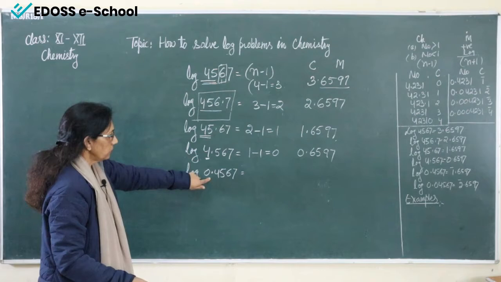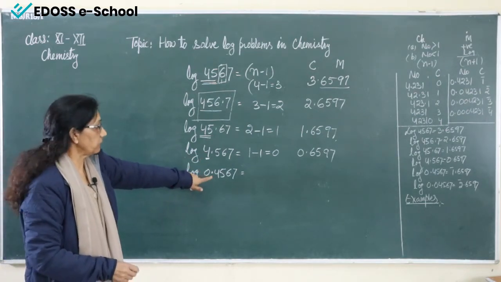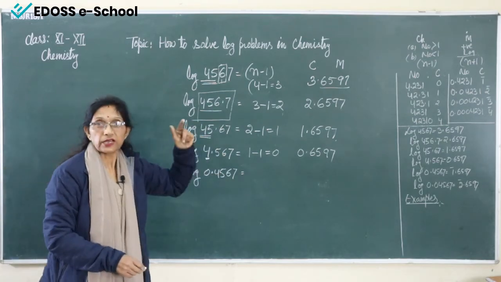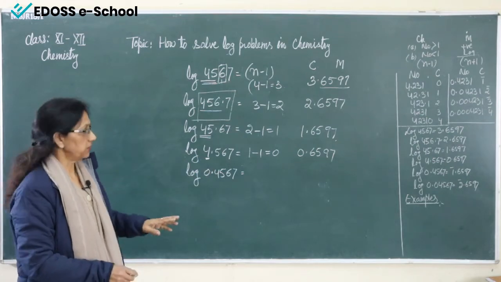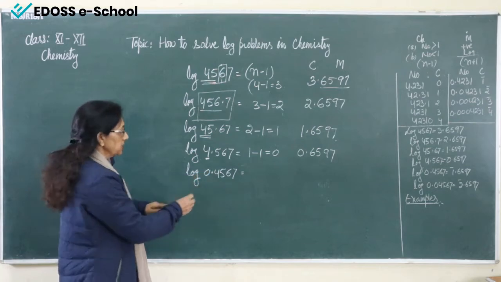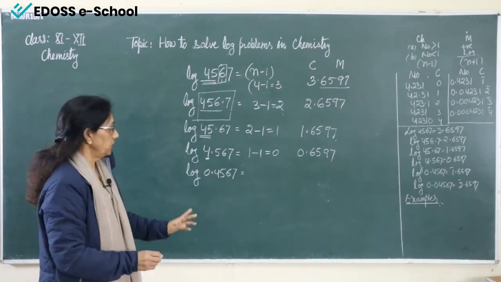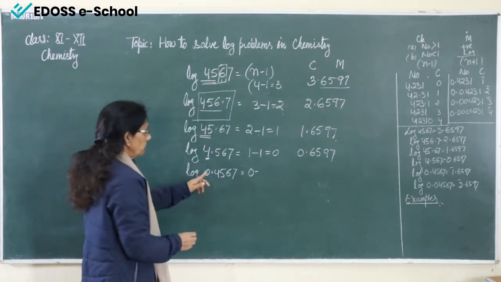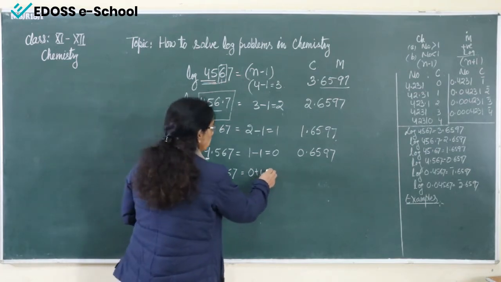Okay. Now this number is less than 1. Now we will implement the second formula. What is the second formula? N plus 1. So here we can see between the decimal and the first significant figure there is no 0. So n is 0 and plus 1, so this is coming 1.